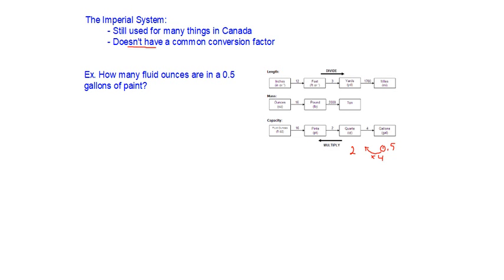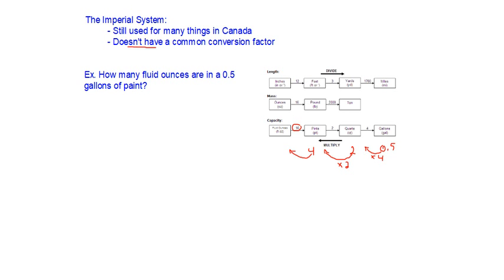And then to go from quarts to pints, again, the conversion factor is a 2, so we would multiply by 2 because we're moving from the right to the left. So 2 quarts times 2 would give us 4 pints. And then the last step here is to go from pints to fluid ounces. Again, the conversion factor is 16.